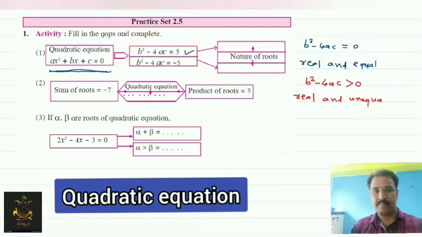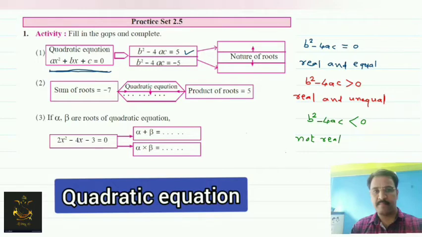Okay friends, now one more condition is there, that is very important, that is b square minus 4ac is less than 0, means it is negative, then roots are not real. Understand?